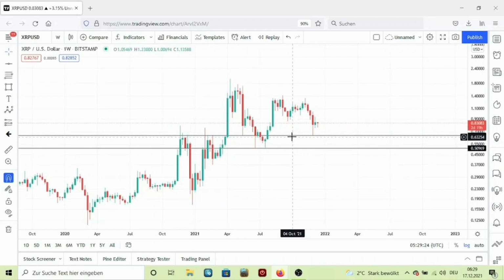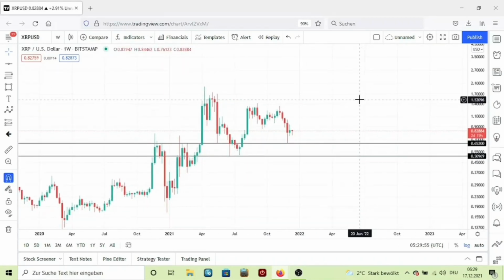Like I showed you, it could be a huge ABC, but looking at RSI, MACD, volume, the general structure here, it simply doesn't make too much sense to lose this level here and go for way deeper. I don't see that.